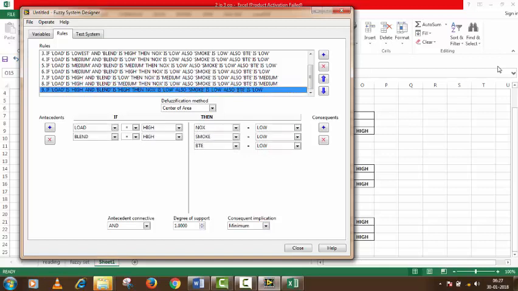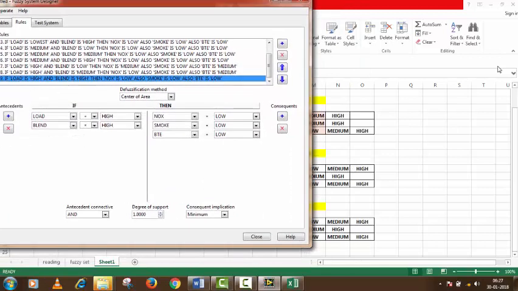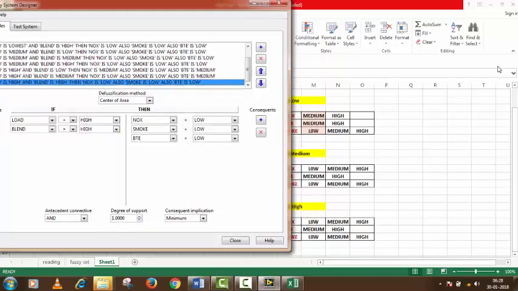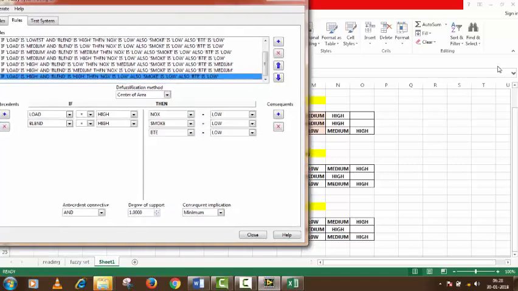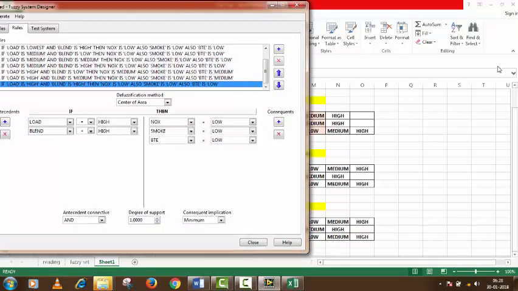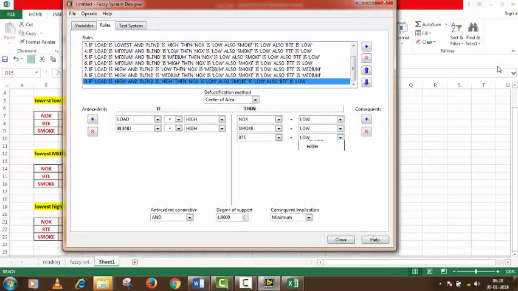Okay, so next come to the rule. Load is high, blend is high. What happens here? The NOx is low. BT is medium, but here BT comes low. Smoke is low. But BT is medium; for this also breakthrough efficiency is medium. Am I correct? But here it's coming like this. So I am changing this: BT is medium.